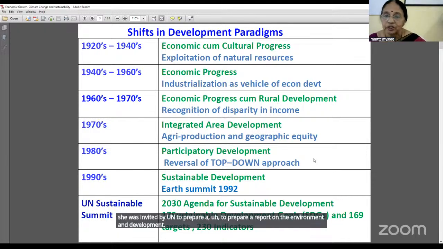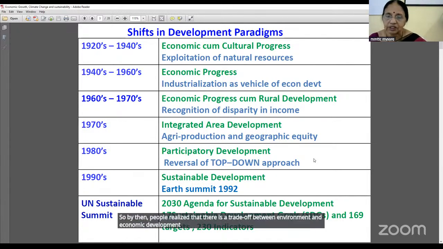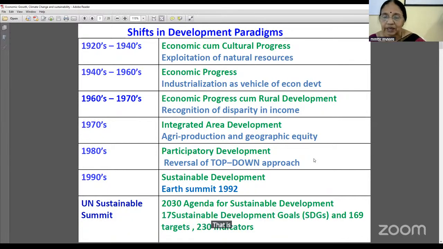By then people realized that there is a trade-off between environment and economic development. Because of that, development is not going to be sustainable forever. So Brundtland did an excellent job, and she came out with a report known by her own name, the Brundtland Report.